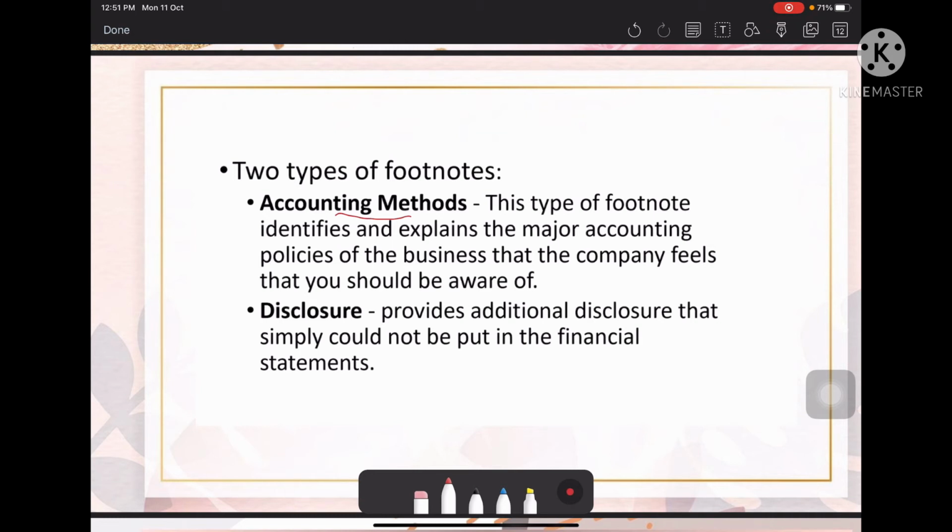And then regarding the disclosure, ini kalau you can recall lagi, the disclosure of the off balance sheet financing, ini off balance sheet transaction ataupun financing yang dia tak disclose dalam financial statement, tapi dia disclose dalam disclosure. Okay, and then you boleh baca the footnotes tu, okay, to know further information about the off balance sheet transaction ataupun financing.